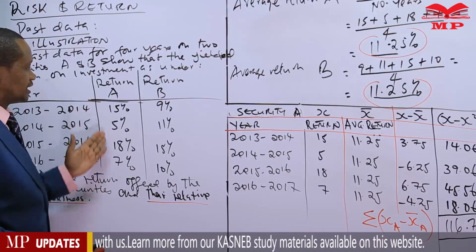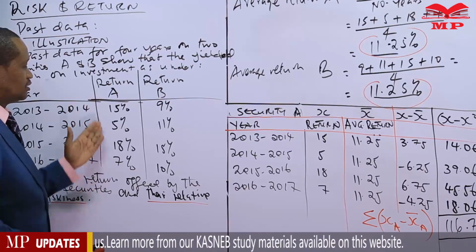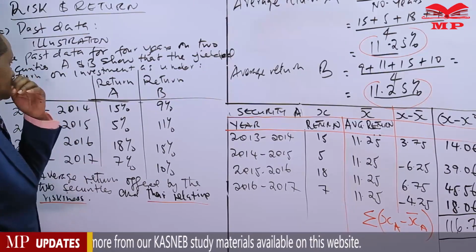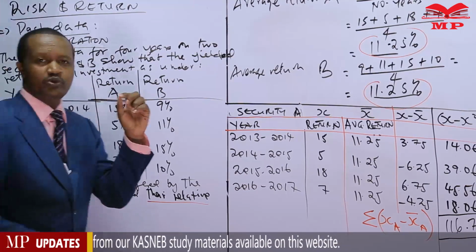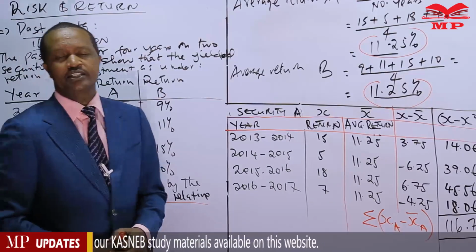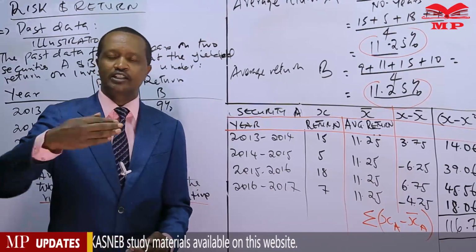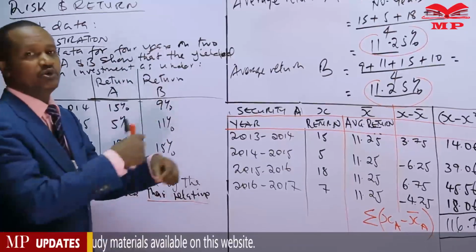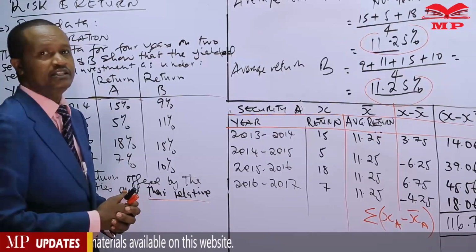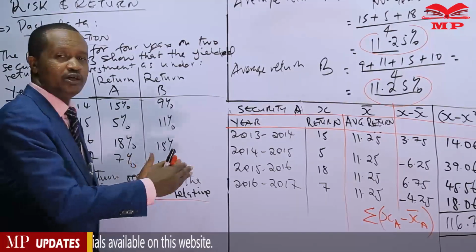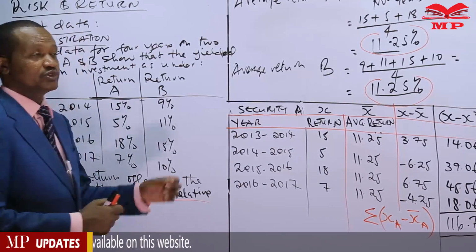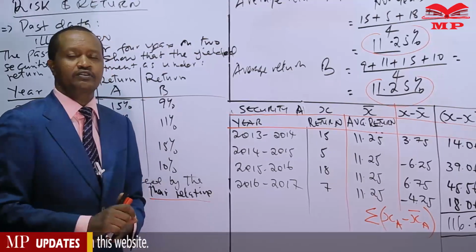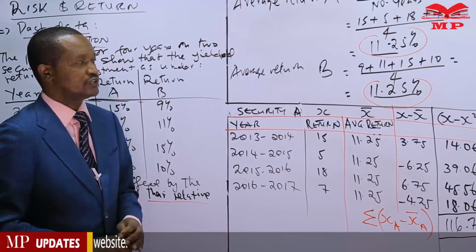These are actual returns that were paid to the holders of these securities. In our next illustration, we'll be looking at a situation where the returns are not known, expected return. This was to help you understand how to calculate standard deviation, and it's a continuation from our last lesson where we introduced how to calculate standard deviation and riskiness of securities.